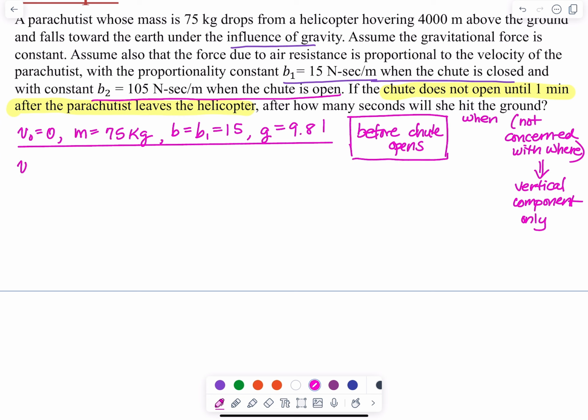So we'll go ahead and plug these into our equation for v of t and also for our location x of t.